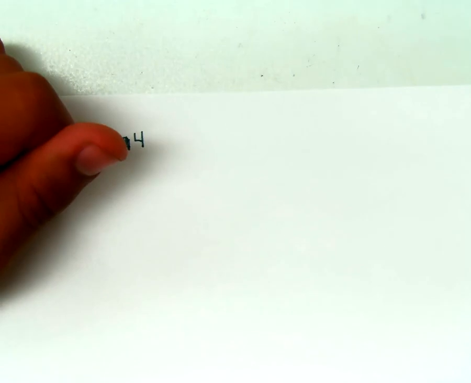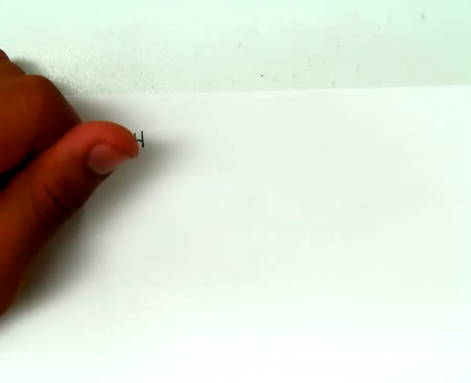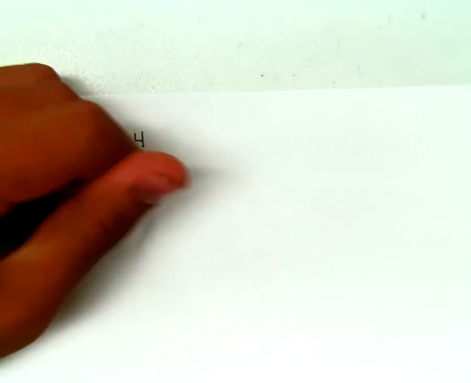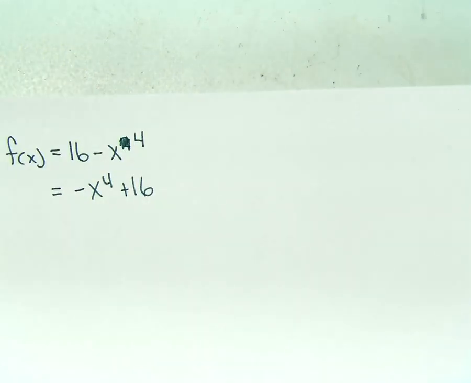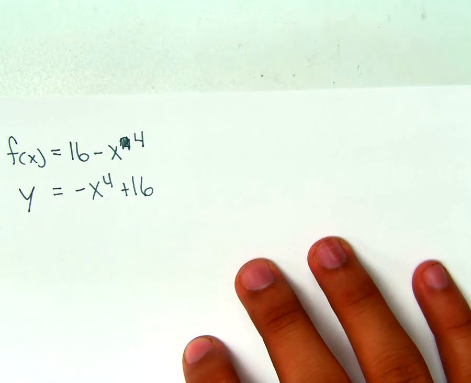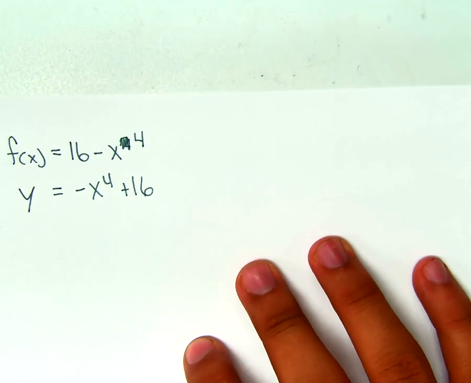Standard form. So now this becomes negative x to the fourth plus 16. Instead of f of x, what can we write? Y. So this is now y equals negative x to the fourth plus 16.